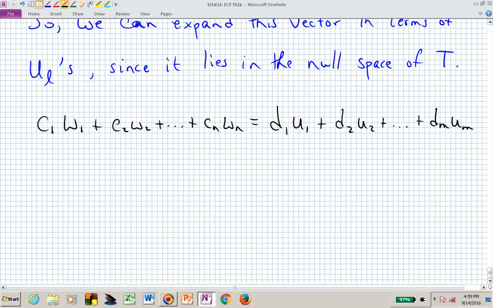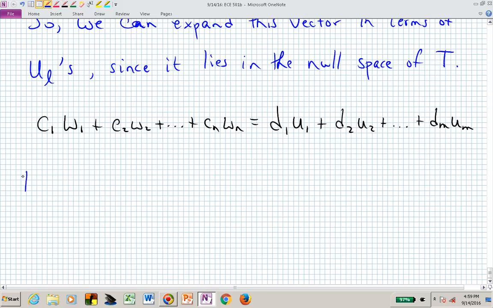Now we have to remind ourselves how we created the W's and the U's to begin with. The U's were a basis for our null space. How did the W's arise?